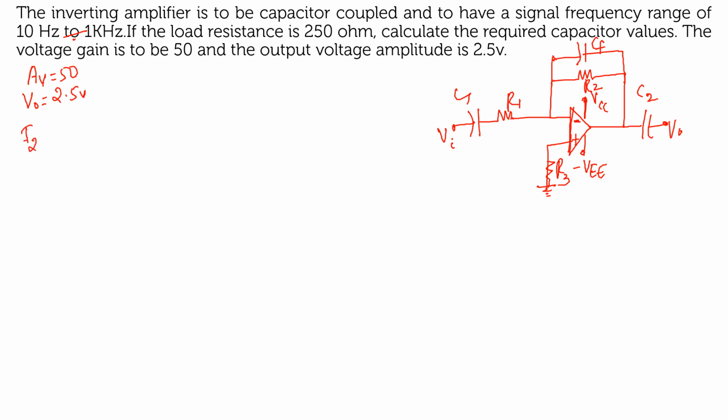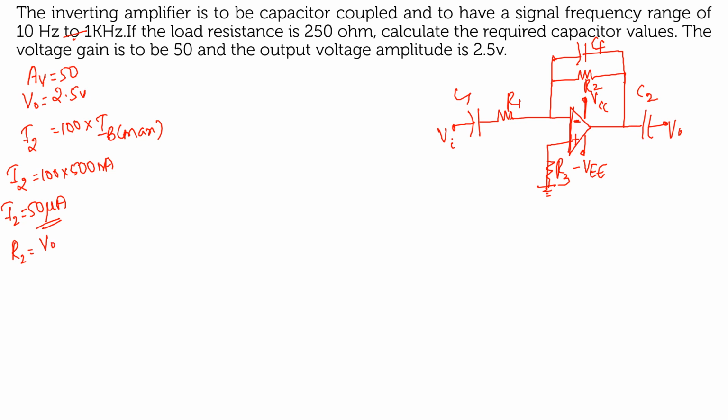You know that I2 will be equal to 100 times IB, the maximum input bias current. Since it is a 741 op amp, I2 will be equal to 100 into 500 nanoampere. So I2 will be equal to 50 microampere, right? If I2 is equal to 50 microampere, what will be your value for R2?